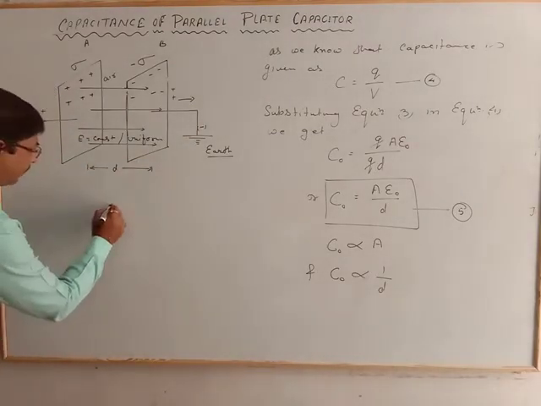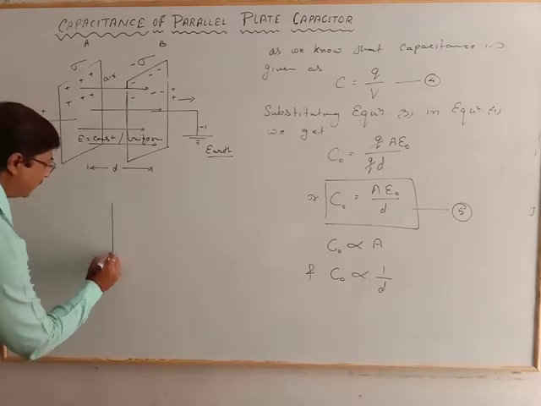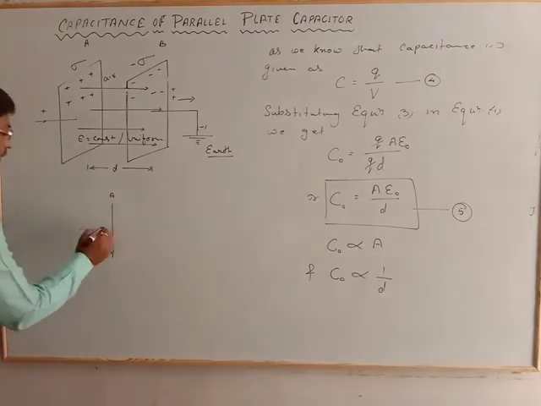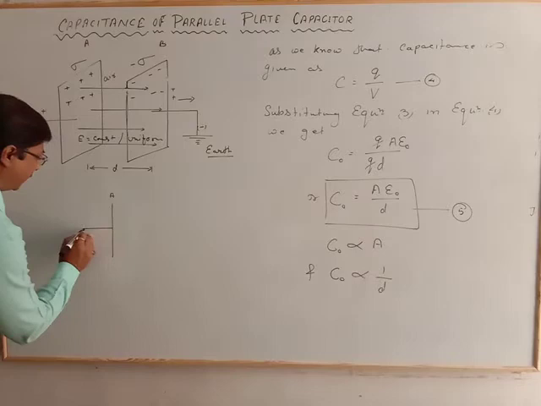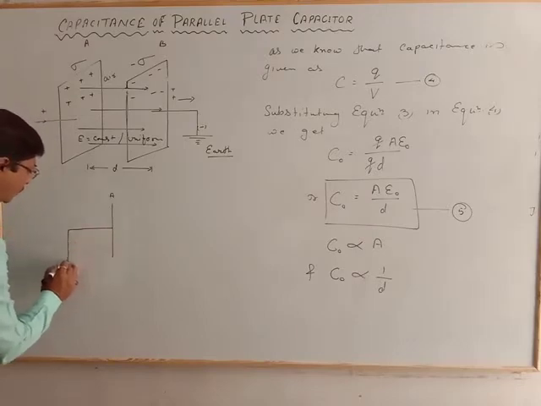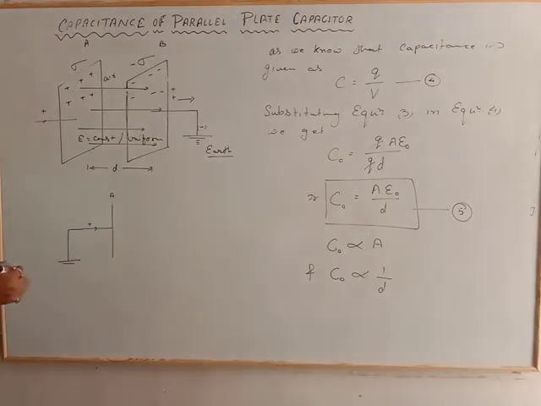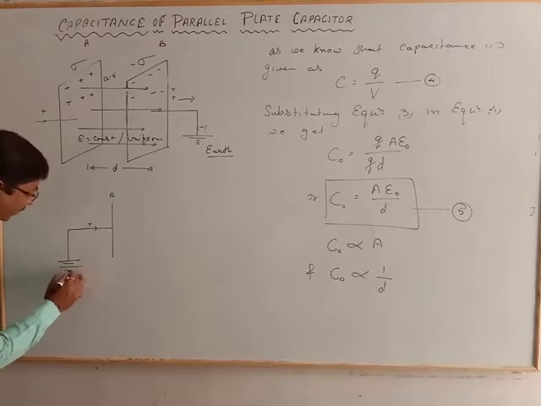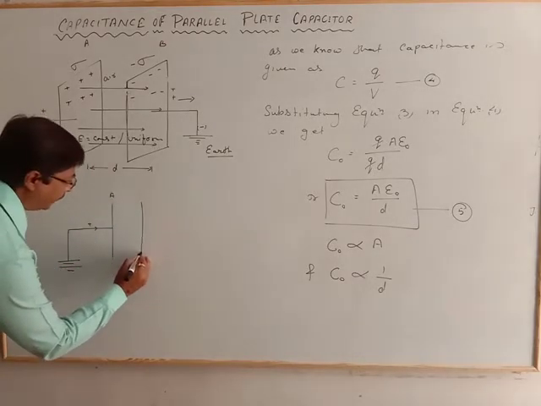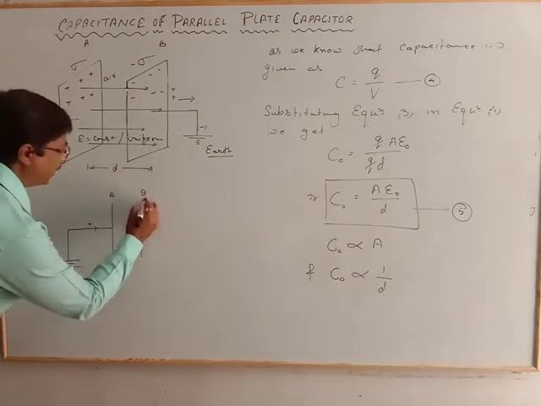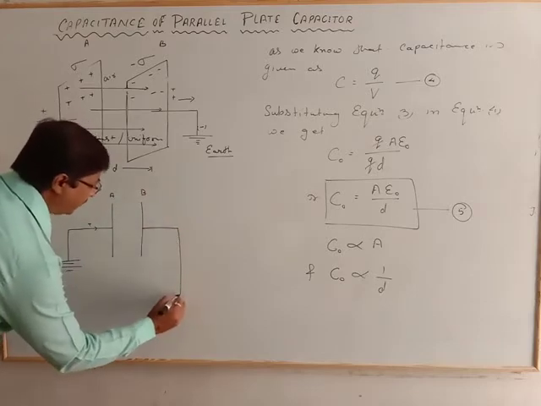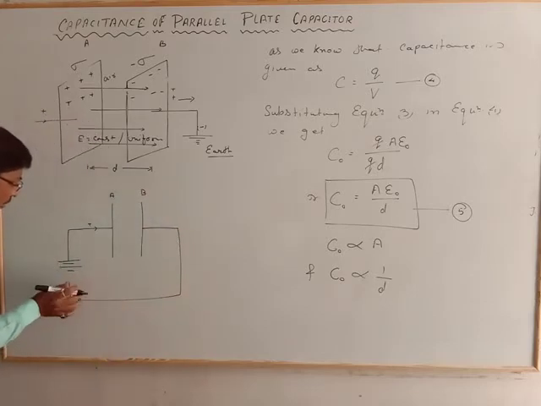Plate A is provided with charge by a source, and plate B is connected with the negative source, or lower potential.